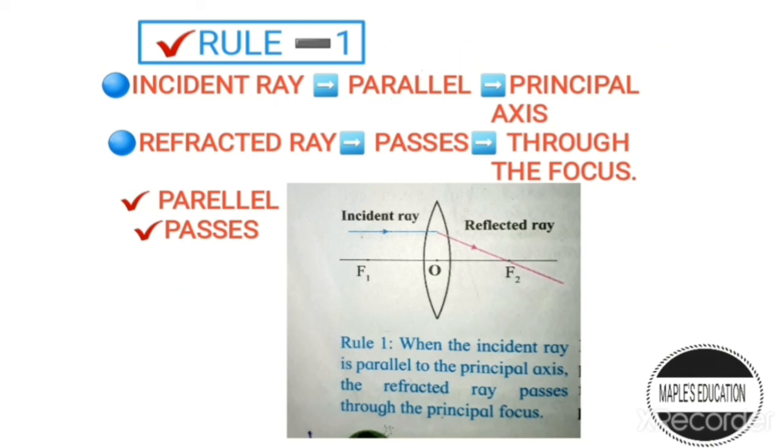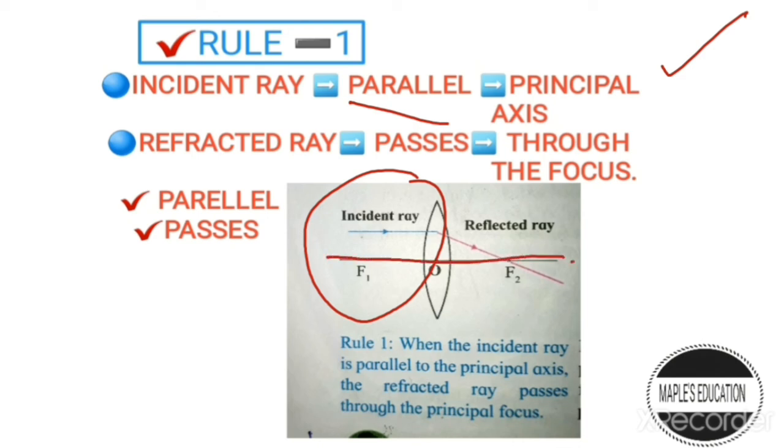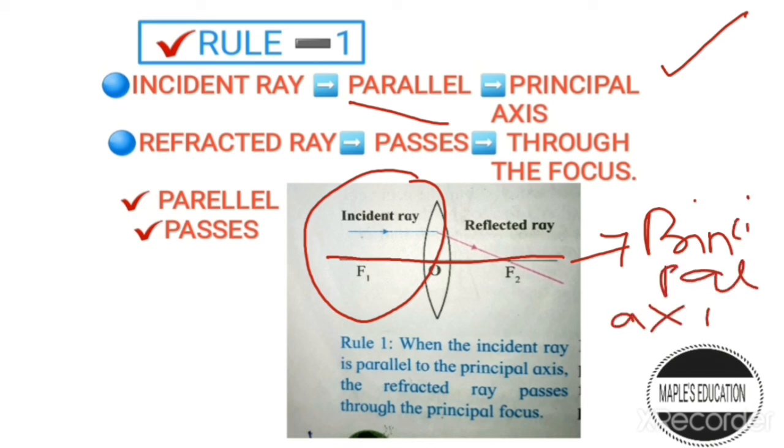Let us understand what rule 1 says. Rule 1 says that the incident ray is parallel to the principal axis. You can see here in the diagram, the incident ray is parallel to my principal axis. This line that you can see in the middle is my principal axis.